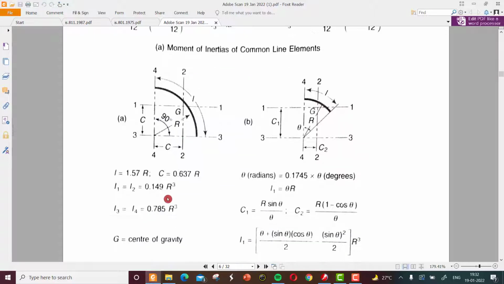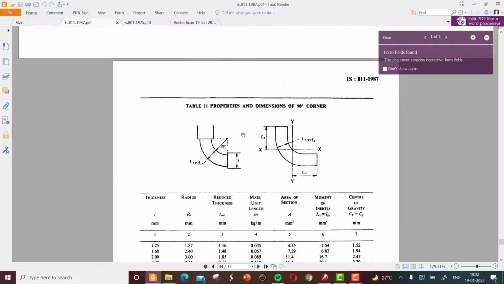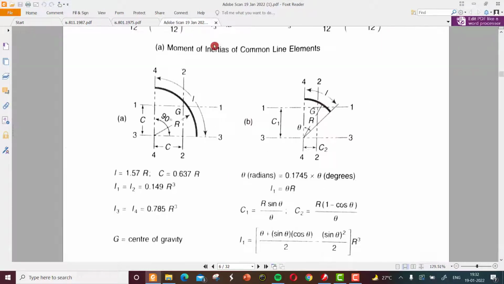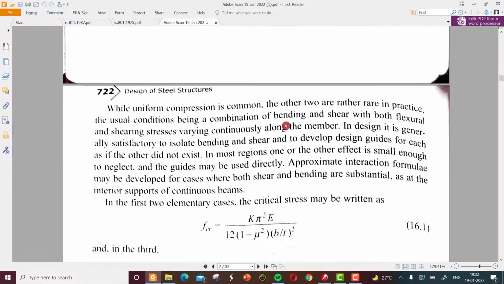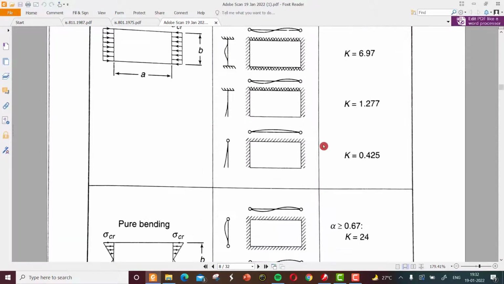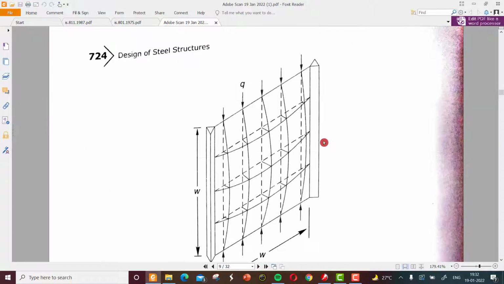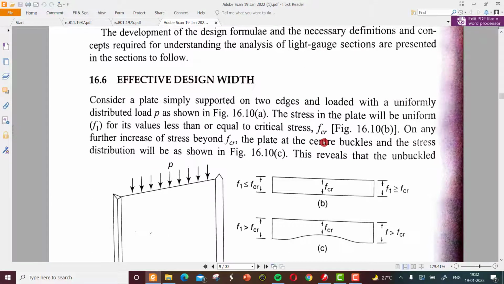For this corner, we have seen in 811 the last table regarding this 90-degree corner. Here we have seen this one. After that, some plate buckling theory part, which is not in the syllabus. The pivot method explanation.